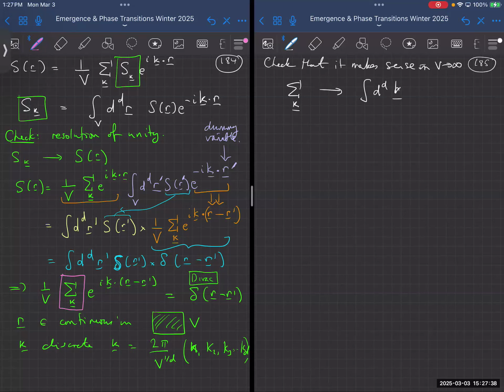Oops, not dR, dK, something like that, okay? But there's going to be a factor that goes in front there. And there's a factor that goes in here because this is dimensionless. And then this thing here has dimensions of K to the d. And so this thing over here is called the density of states in K space.